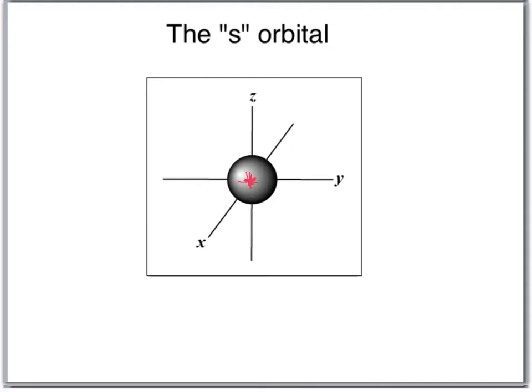That sphere is three-dimensional. You know, how the coordinate axes work helps reinforce the fact that we're talking about a three-dimensional object that is spherical. The electrons that reside in there occupy that entire space around the nucleus. Okay, but it's a very simple shape.